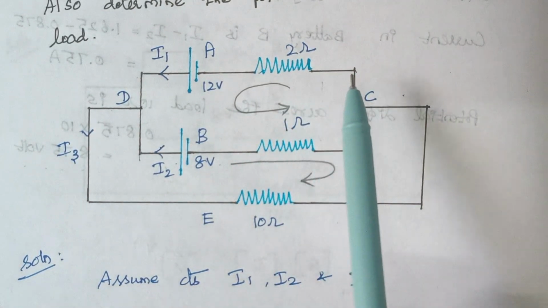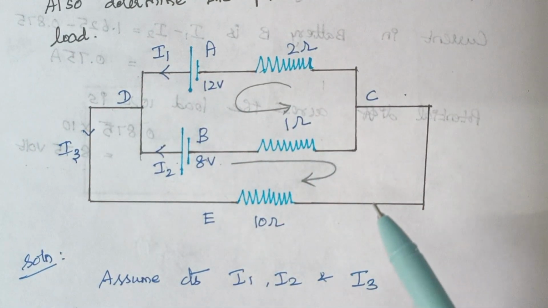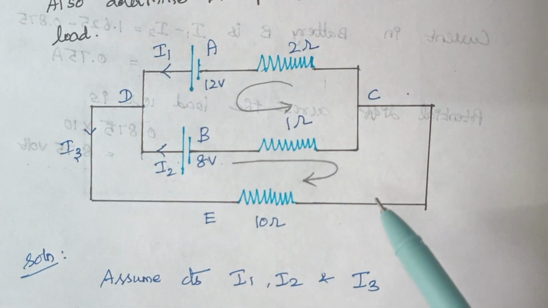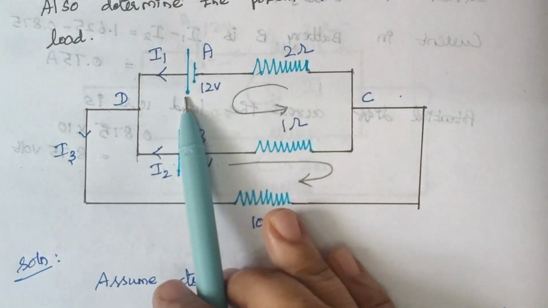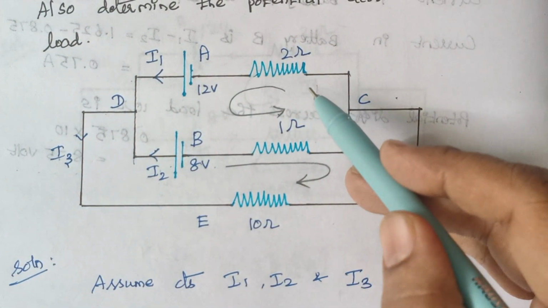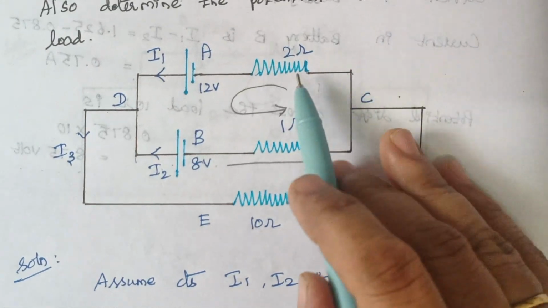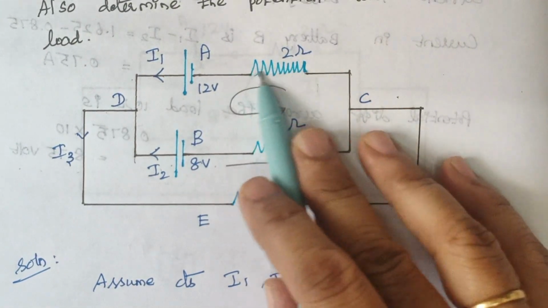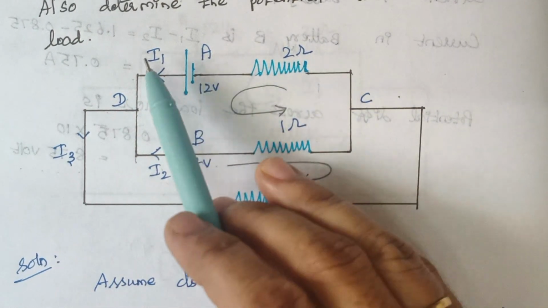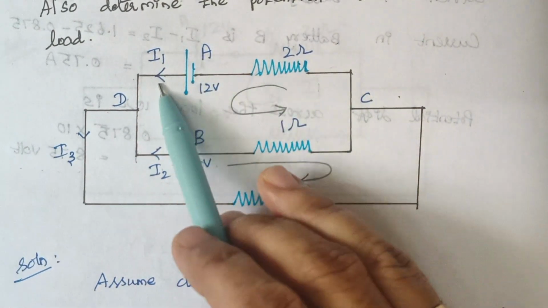Kirchhoff's voltage law is nothing but the sum of voltage drops equals the sum of voltage rises in a closed path. A current flowing through a resistor will produce a voltage drop, as we all know. Through this 2 ohm resistor, what is the value of current that flows? I1 is the current that flows through this branch.